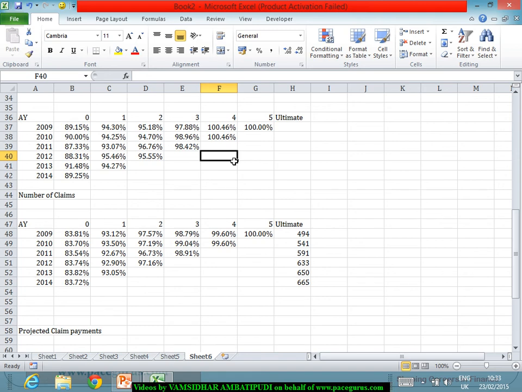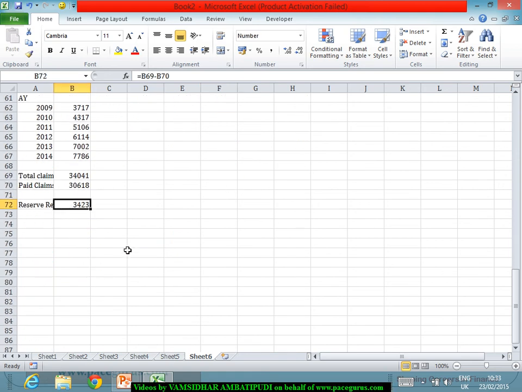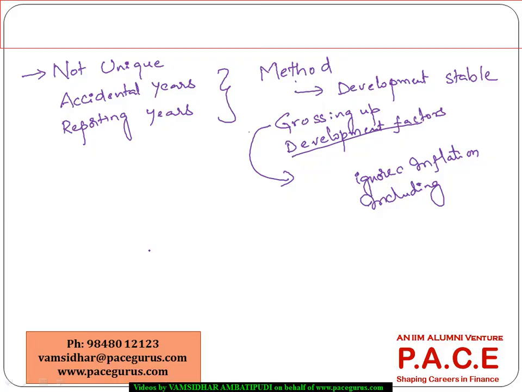So hardly there is anything much that is left for payment, which is overall looking like around 10% of the claim amount, or slightly above 10% is the requirement of the claim. Out of the total claim, almost 90% is settled. Only for 10% of the claims we really require any reserves to be set aside.